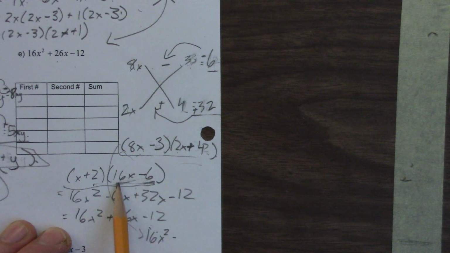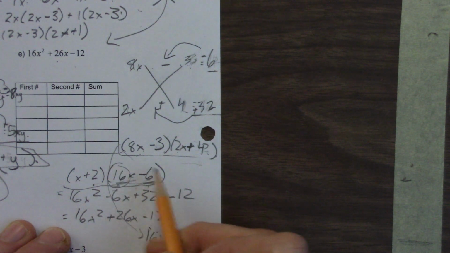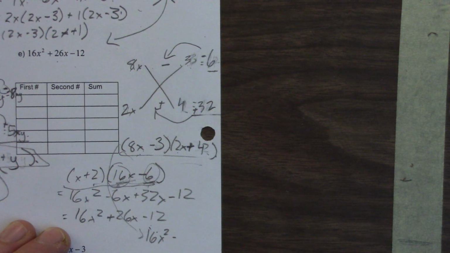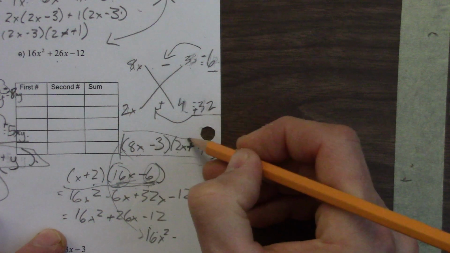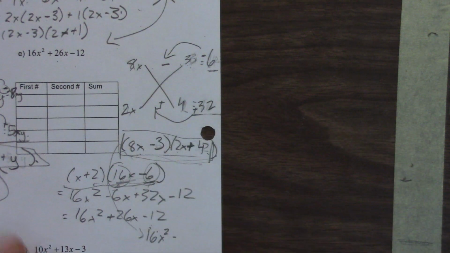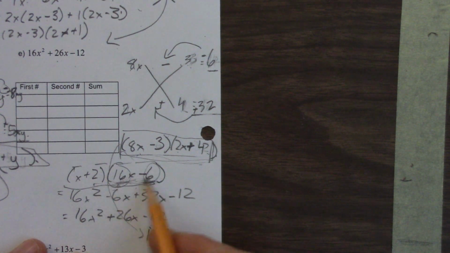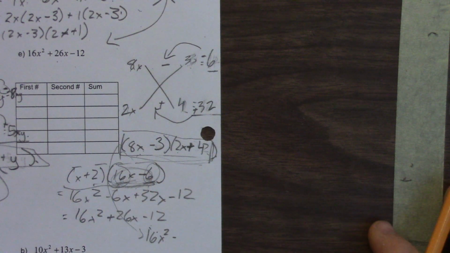You could have brought out a 2 here, because 2 is still common. They both share a 2, so you didn't factor the 2 out. You would have ended up with this answer if you did. When you had the 4 parts, you didn't factor fully this section.